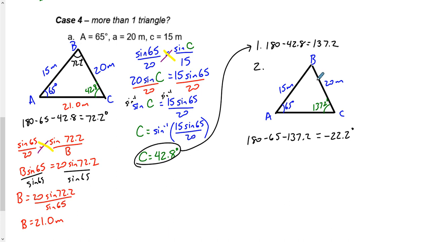It's just not possible. If you have a Cartesian plane, okay, but not for a triangle. A triangle adds up to be 180 degrees, which means all three angles have to have a sum of 180. You can't have a negative degree, which means this triangle is the only one possible. We only have one triangle possible.